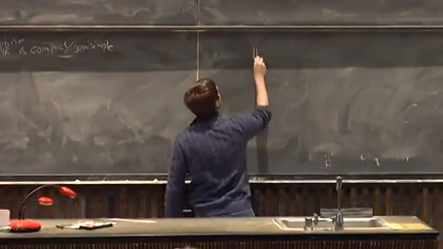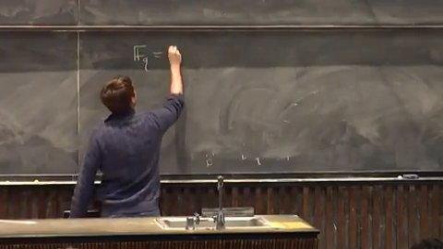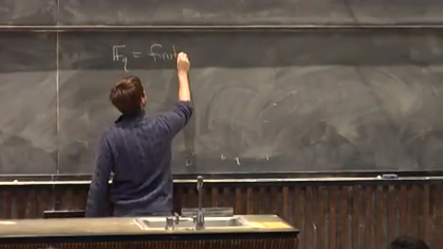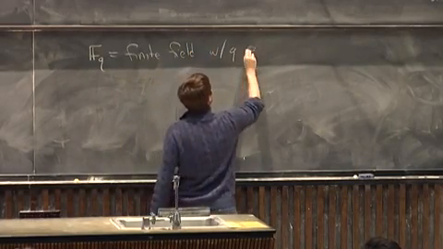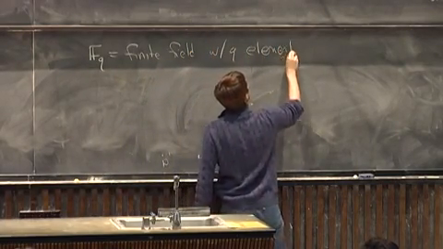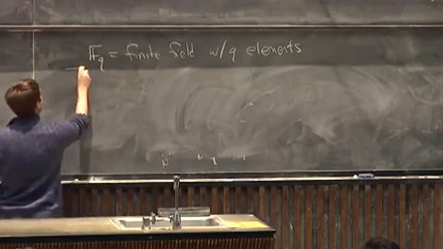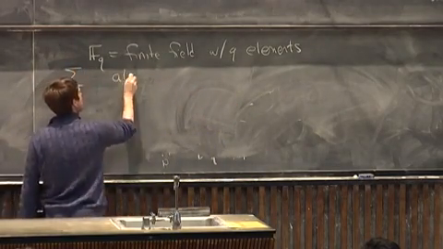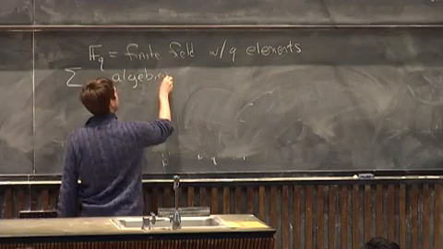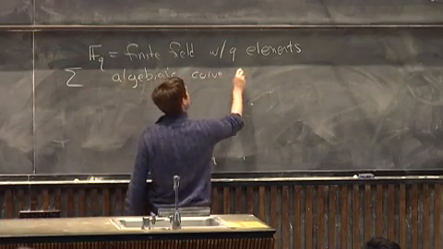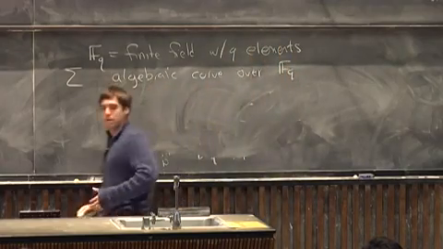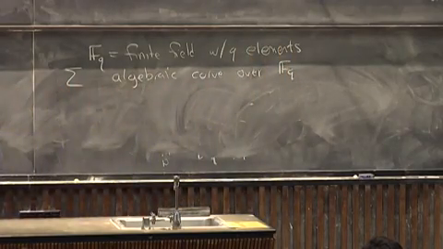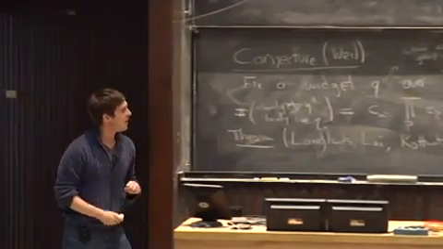So F_q is going to be a finite field with q elements. And sigma is going to be an algebraic curve over F_q. So that means something that's described as an algebraic variety, a solution to polynomial equations with coefficients in F_q.